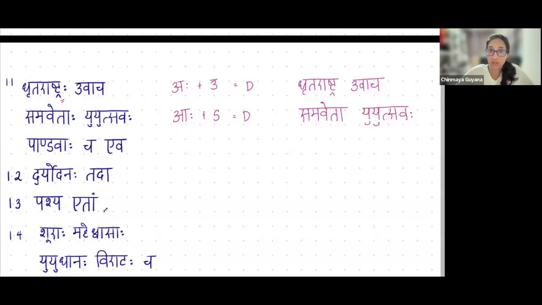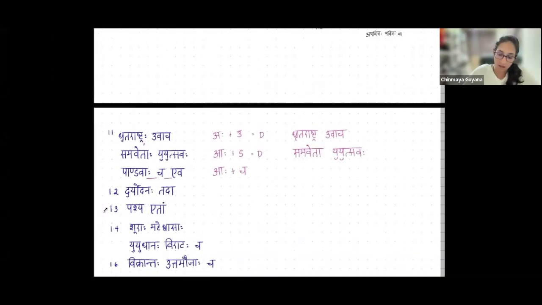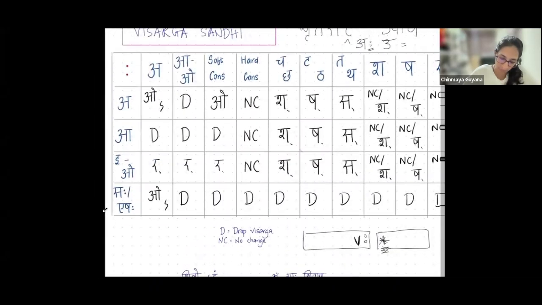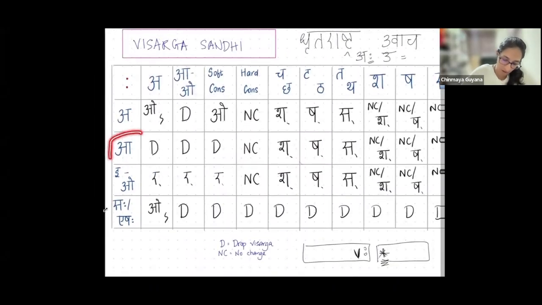Pandavaha cha eva. So now there are two words that are going to have to be joined. Sandhi number 1 is aha plus cha. Aha plus cha becomes a sh halant.